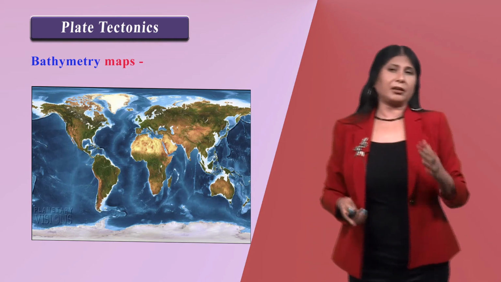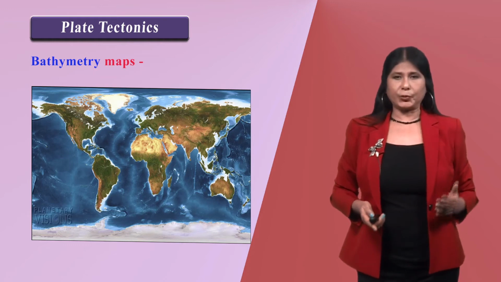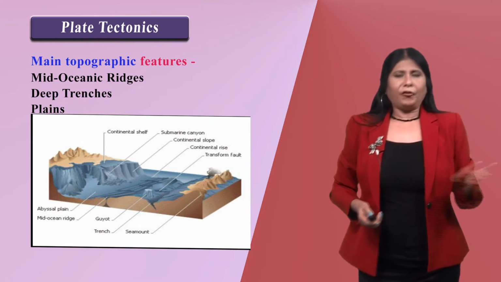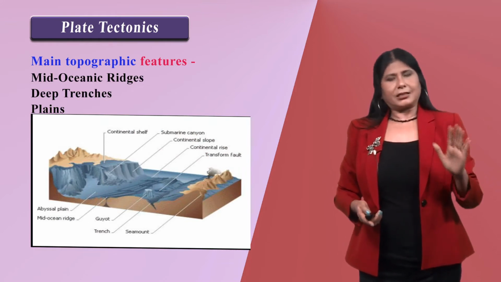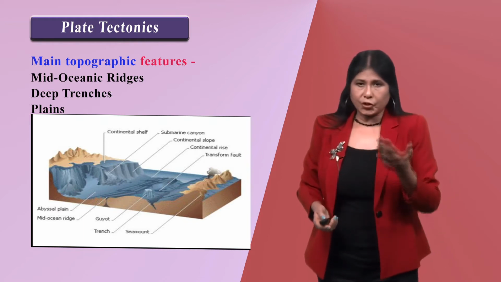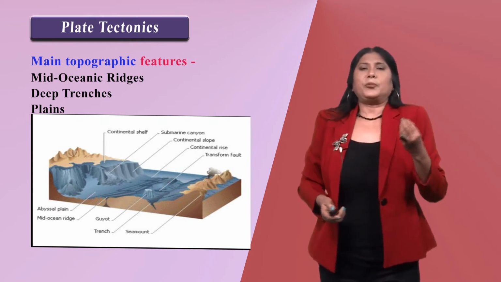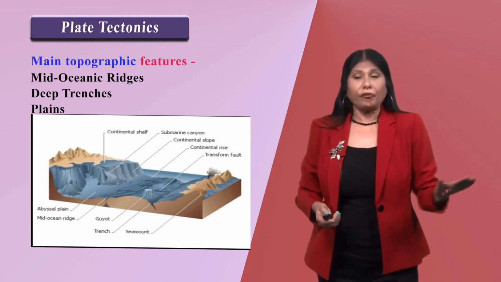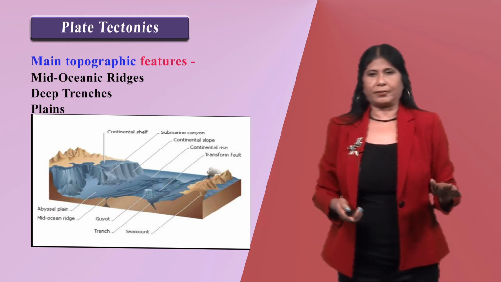This is the bathymetric map of the world that we have. The ocean floor has all these features: oceanic ridges, deep trenches and plains. It is not absolutely flat as we imagine.